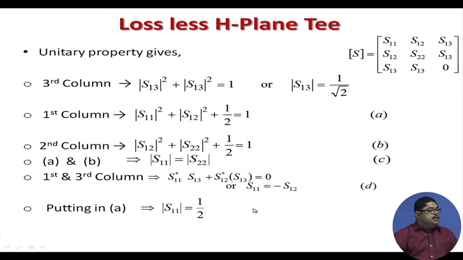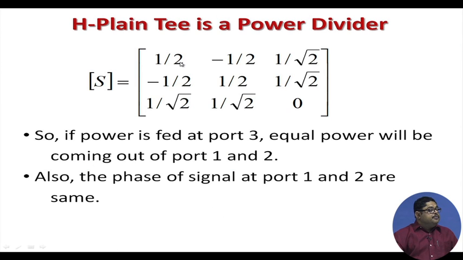This is the power divider S matrix. If you give power to port 3, the power going to port 1 is half, and to port 2 is half. So, it is also a 3 dB power divider, but from the expressions you see that the two signals are of equal phase. The phase of the signals at ports 1 and 2 are the same.